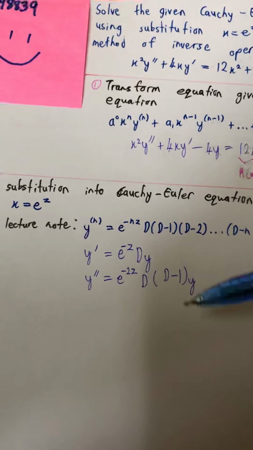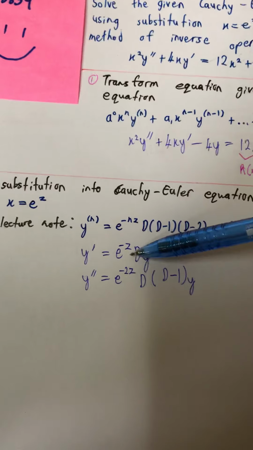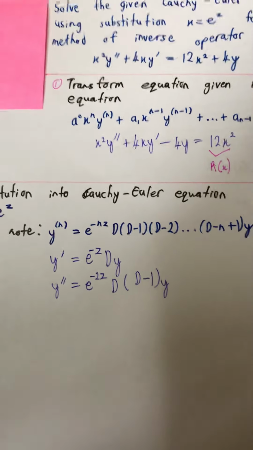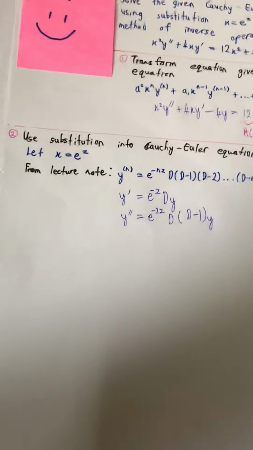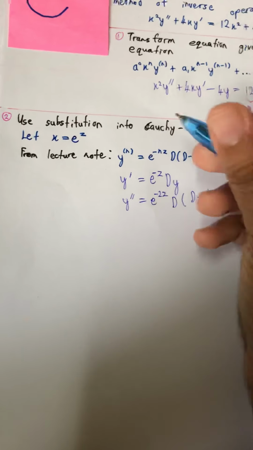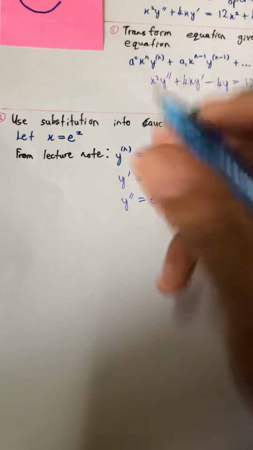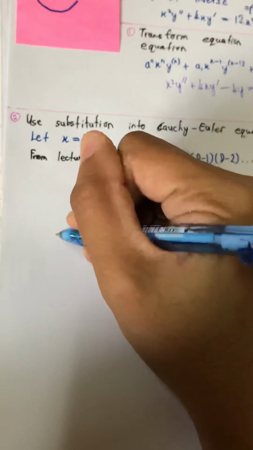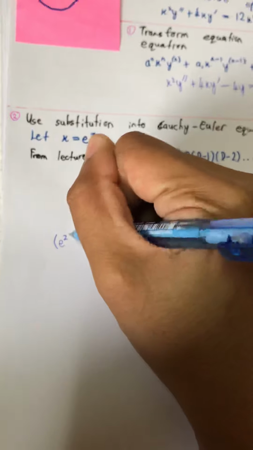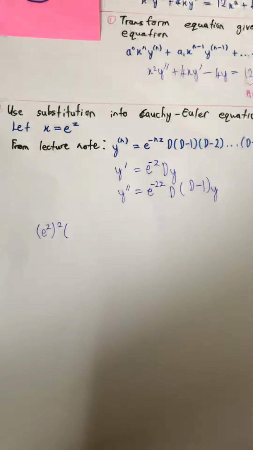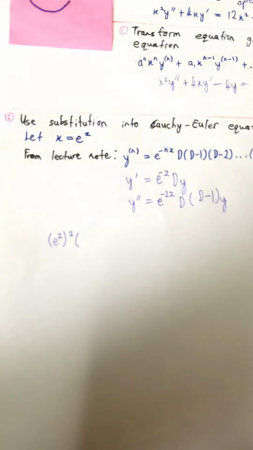So next, we substitute x, y prime and y double prime into the Cauchy-Euler equation. So we get x squared, where x is e to the power of z, so we get e to the z, squared, times y double prime.